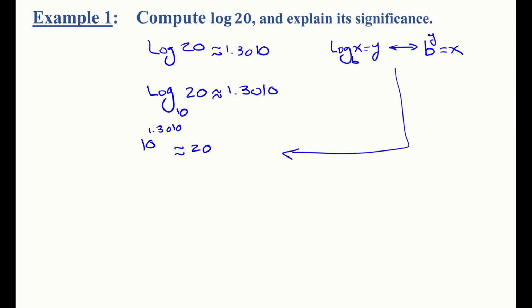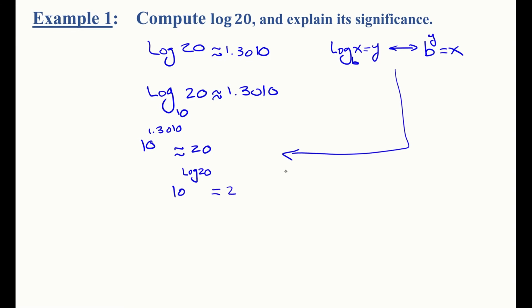So when we write 10 to the power of log of 20, we know log of 20 is precisely the power that you need to raise 10 to in order to get 20. So we have that exact statement.